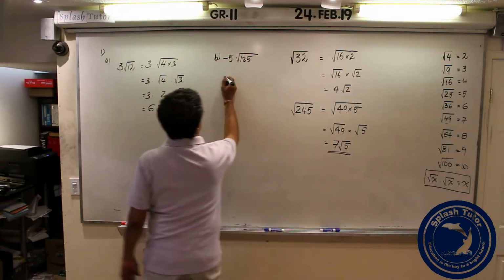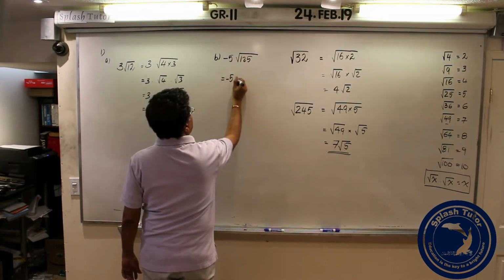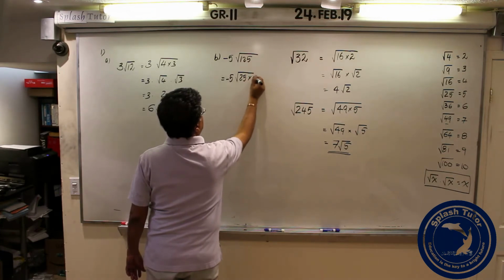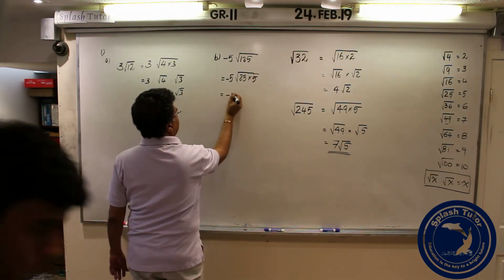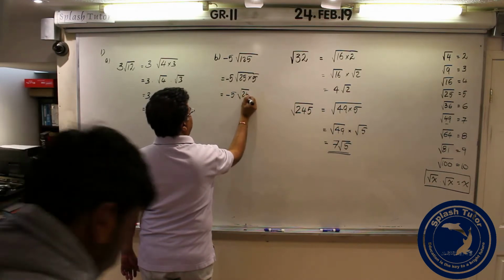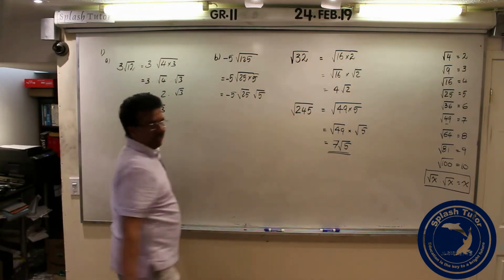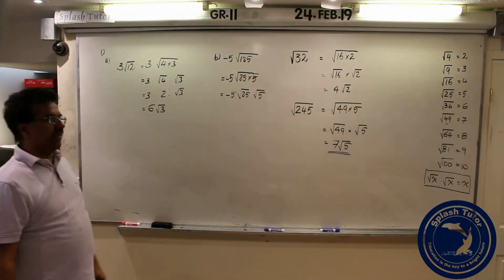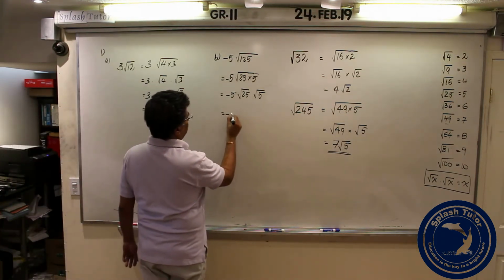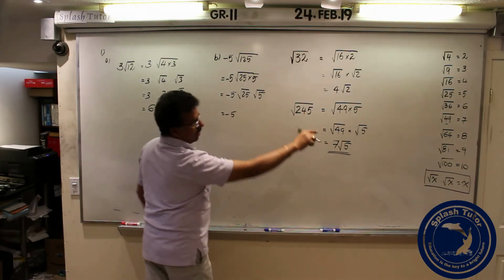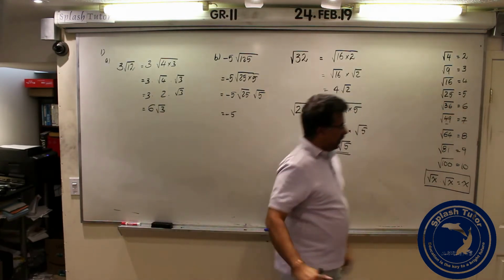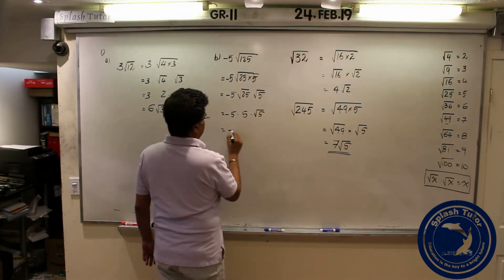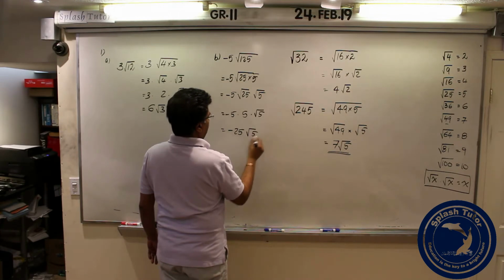So this can be written as minus 5 root 25 times 5. Now what is that? That's equal to minus 5 times root 25, and root 25 is 5, times root 5. That is minus 25 root 5.